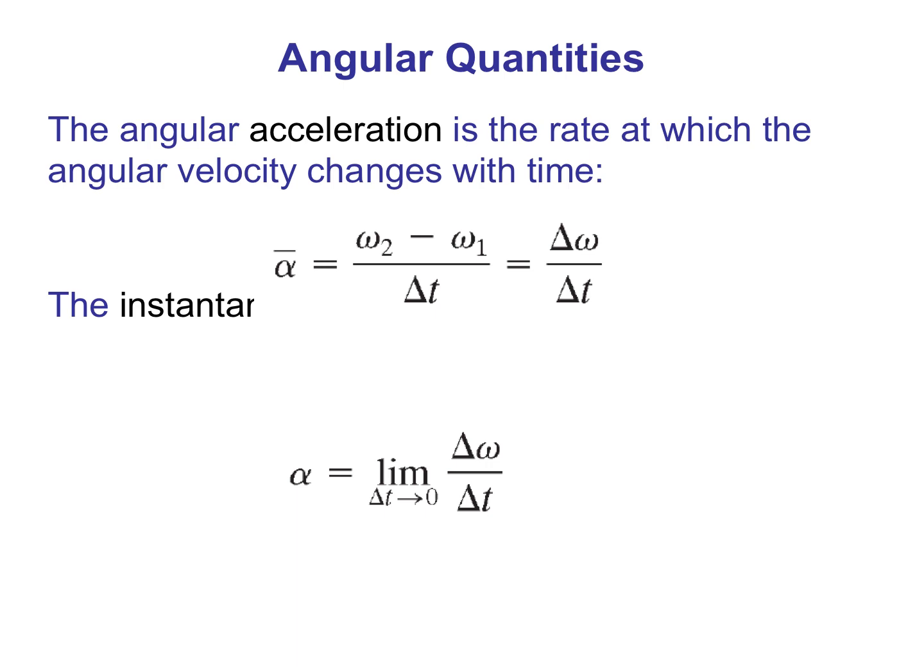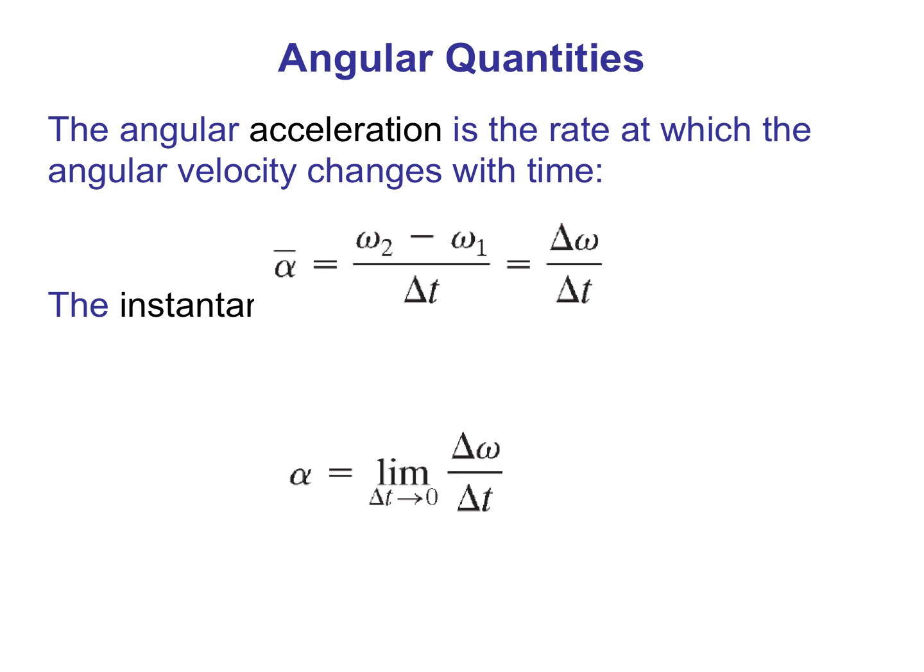And going further, we can go to angular acceleration. How did we define acceleration in linear motion? We said it's the change in velocity. So in this case, it's the change in angular velocity over the time it took. Again, any of these formulas with limits, you don't have to worry about.